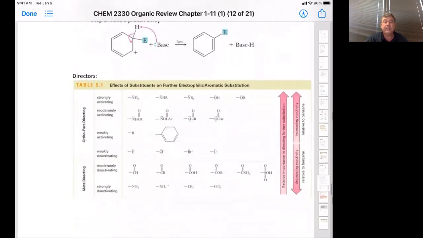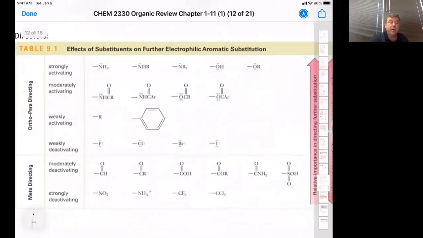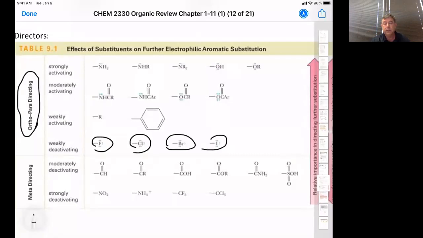Because of that re-aromatization and where that positive charge goes, we have direction. The second thing adding to it is going to be directed by what the first thing is. And we saw that there was a common theme here, that all the things that are ortho-para directing either were carbon or had a lone pair. Okay?